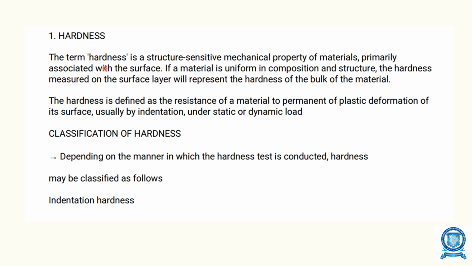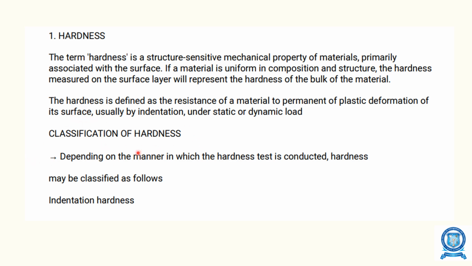The term hardness is a structure sensitive mechanical property of a material primarily associated with the surface. If a material is uniform in composition and structure, the hardness measured on the surface layer will represent the plastic deformation of the surface.